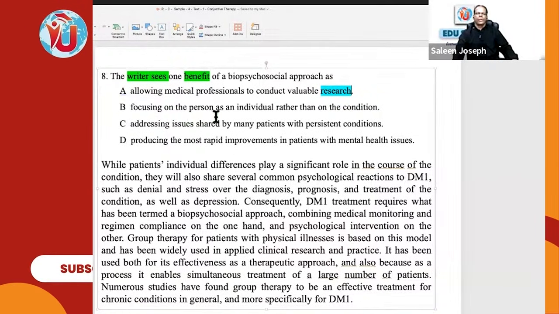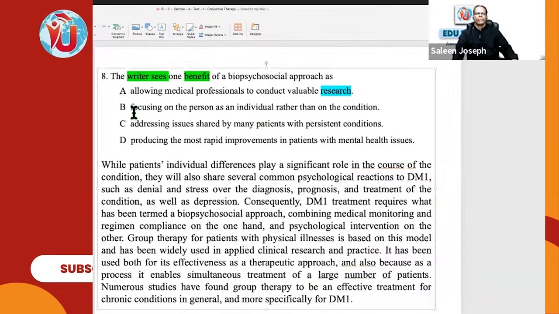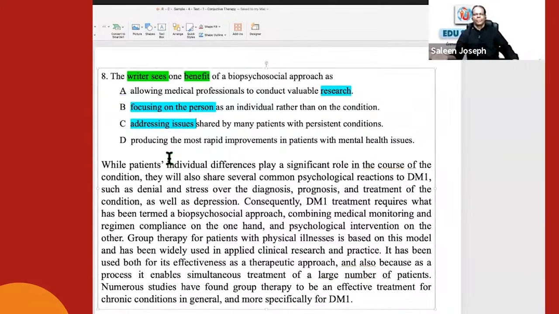Then the second option: focusing on the person as an individual rather than on the condition. Focusing on the person. C: addressing issues shared by many patients with persistent conditions. Addressing issues means what are the issues? We have to search for issues, or research, or the person, whichever is the focus in this paragraph.